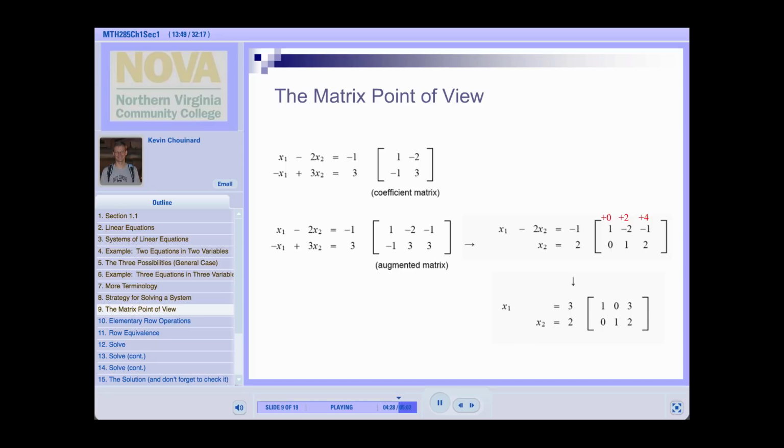And then the second row of that augmented matrix is telling you that 0 x sub 1's plus 1 x sub 2 equals 2, which is exactly what the system of equations right next to it is saying. So there's this very direct correspondence between augmented matrices and the systems of equations that they represent. That right-hand column of the augmented matrix is the solution to our system of equations. x sub 1 is 3, x sub 2 is 2.